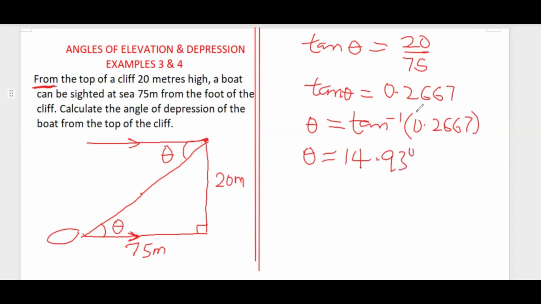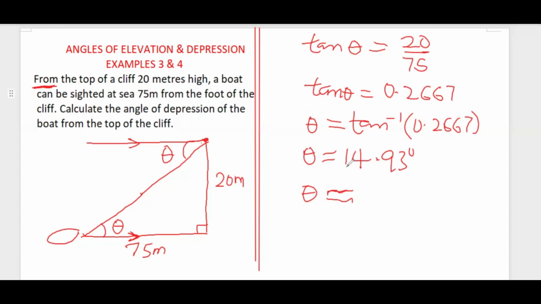14.93 degrees. So always check back on the question if you are asked to approximate the angle or not. But here they just say find the angle. So we may not really want to approximate it, but if we want to, you check for the degree of accuracy from the question. Since in the question all the values are given to two significant figures, I can express the angle in that to conform.